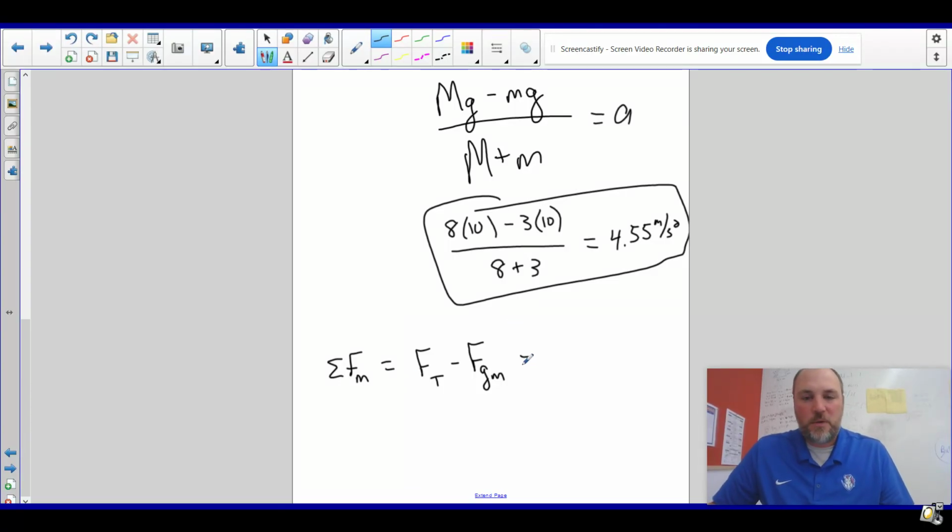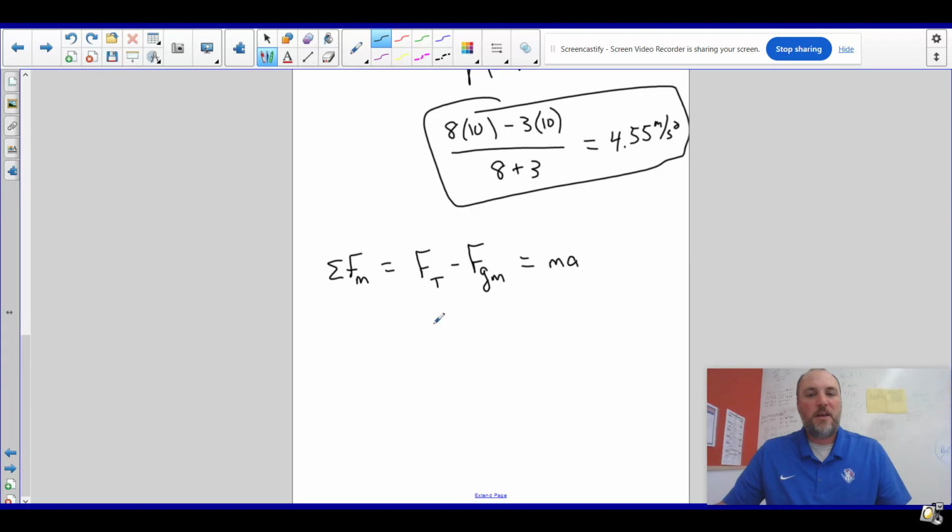And that would be equal, well, if I'm only looking at little m's free body diagram, I'm not adding the masses together anymore. This is the net force on little m. So the sum of the forces should equal little m a. And I want to get the tension by itself, so I would add Fg of little m to the other side. So in my opinion, that makes the algebra a little bit easier to do this with little m.